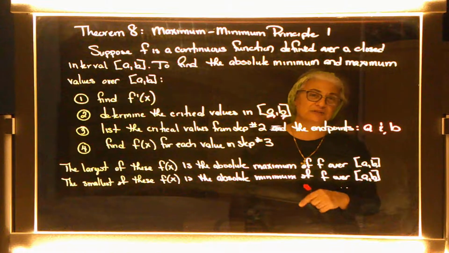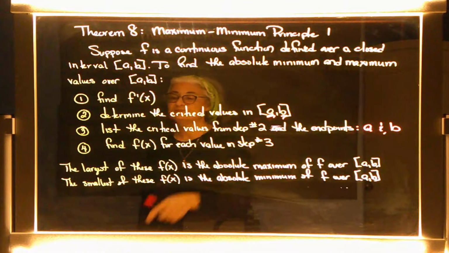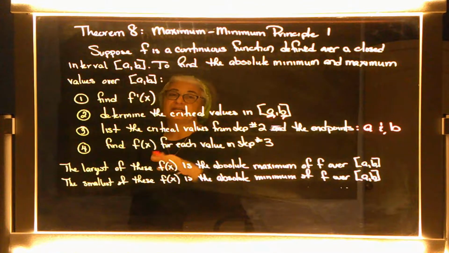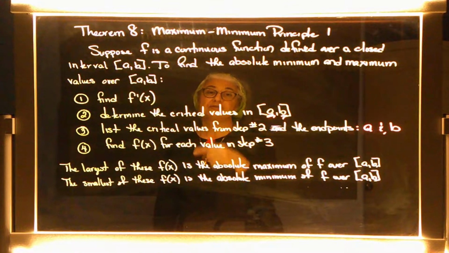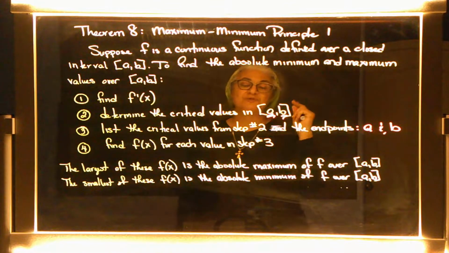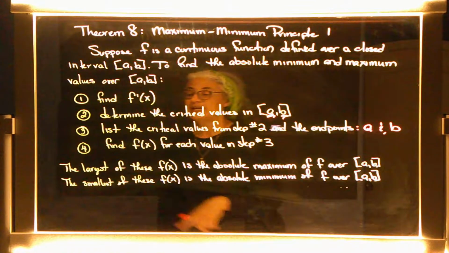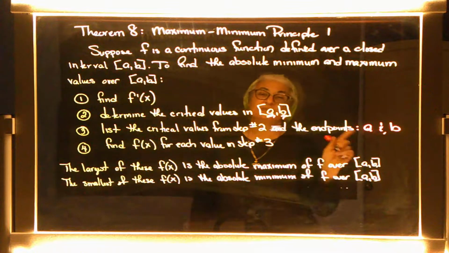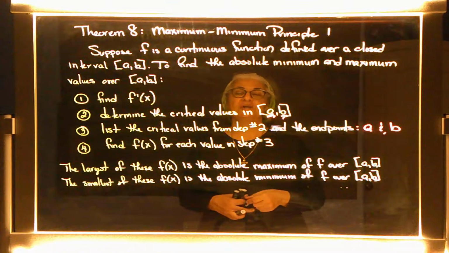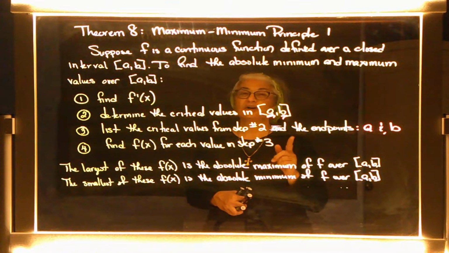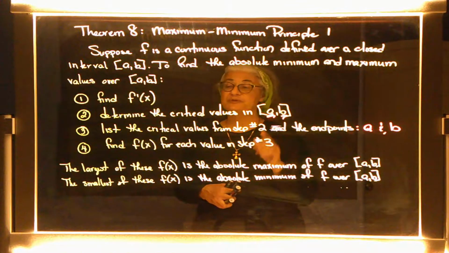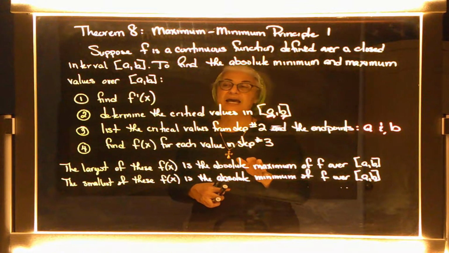That's what step 4 says. And now, when you do these 4 steps, which are quite simple, the largest of these f of x's, the largest of those y's, is the absolute maximum of f in that closed interval, and the smallest is the absolute minimum. Cool?